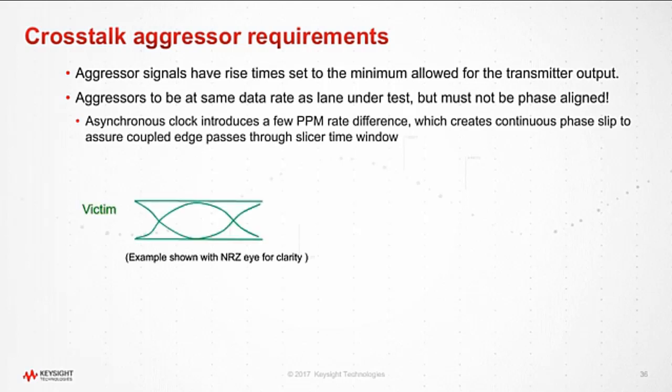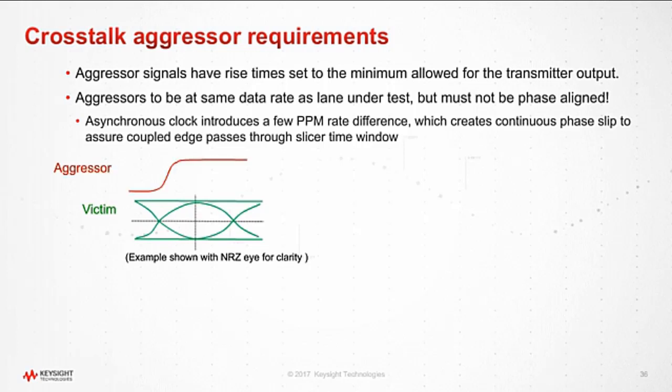A lot of people miss this because if they're using a BERT, they have the clock output, and they want to use that as the clock to drive the aggressor. Well, here's the problem. I'm going to show this with NRZ just for simplicity. It's easier to see, but it's the same effect with PAM4. So here we have an eye that's in the victim channel that we're looking at, and we put an aggressor.